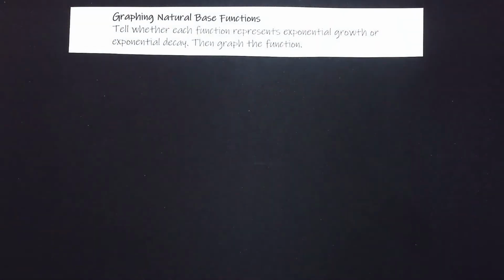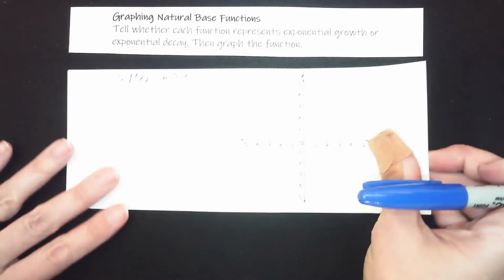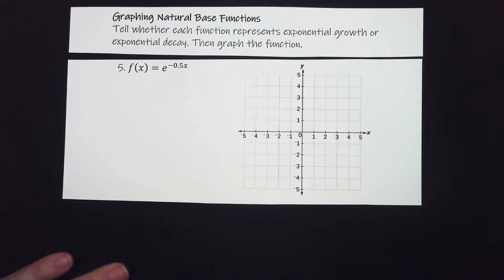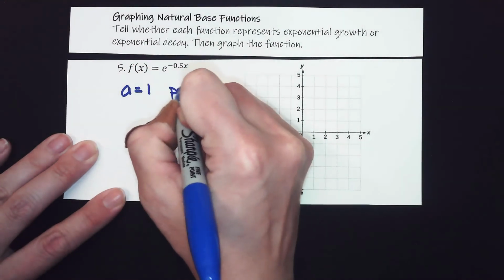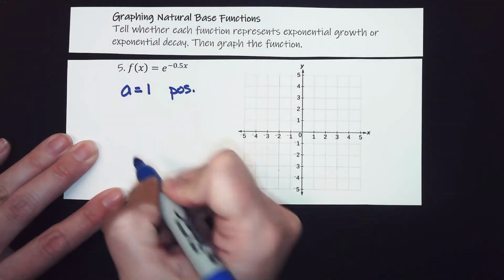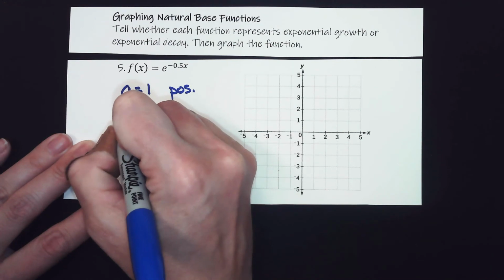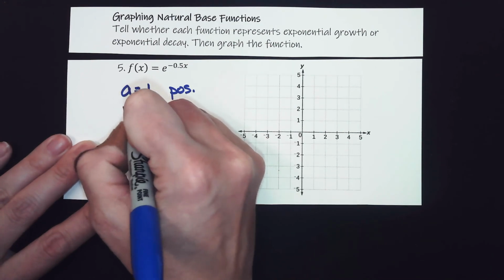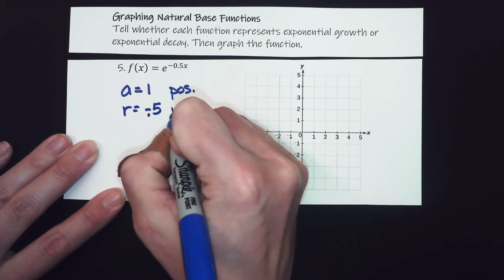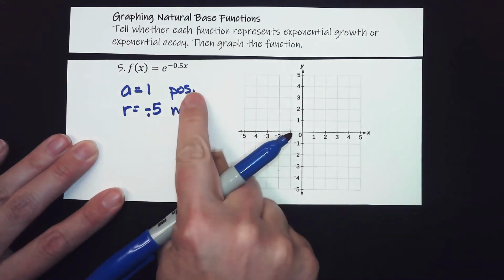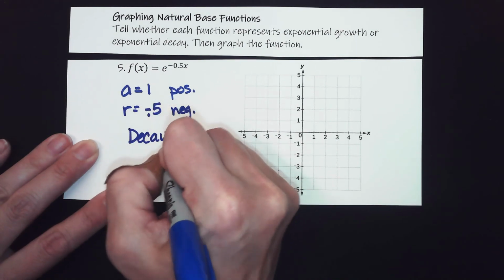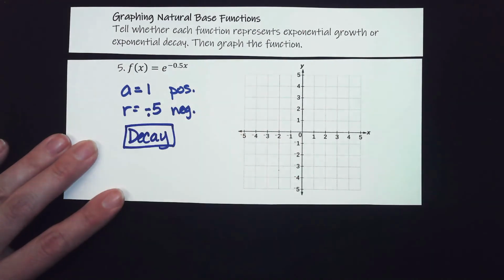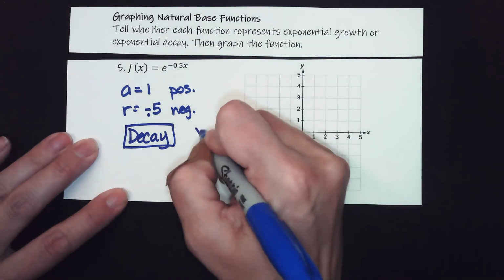Okay, let's try number 5. This time a is 1, which is positive, and r is negative 0.5, which is negative. So whenever a is positive and r is negative, we have exponential decay. Again, let's do our little chart here.